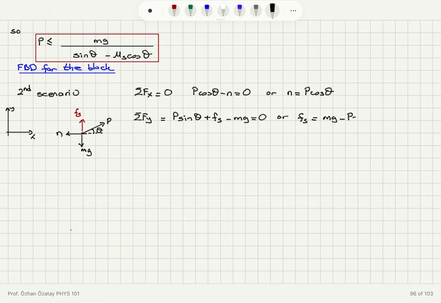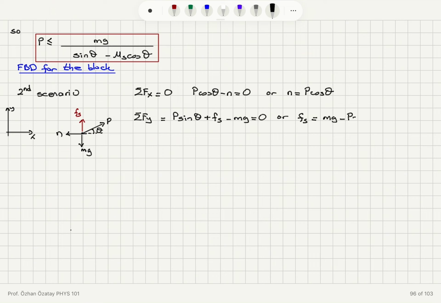And I know that this force must be less than or equal to the coefficient of static friction times the normal force. Therefore, I can write mg minus P sine theta must be less than or equal to mu s times P cosine theta, and that tells me mg is less than or equal to P times (sine theta plus mu s cosine theta).